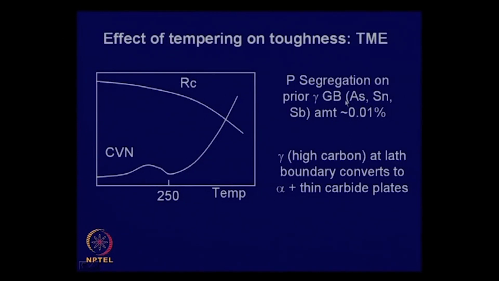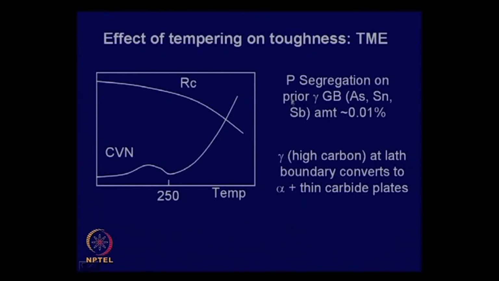They do not show up as precipitate, but the concentration is quite high at the grain boundary. So, the problem comes up: if you have a fine grain, then the segregation chance will be less, whereas if you have a coarse austenite grain, that is also another reason that the effect of this kind of embrittlement will be even more severe.